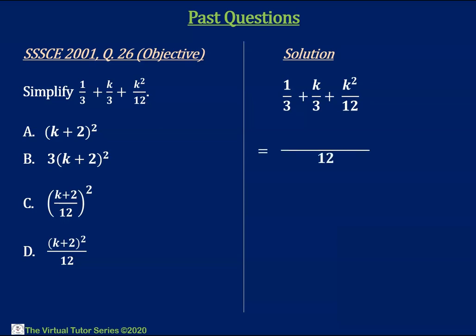We now express all fractions in terms of the LCM. 3 into 12 is 4, and 4 times 1 is 4. Again, 3 into 12 is 4, and 4 times k is 4k.